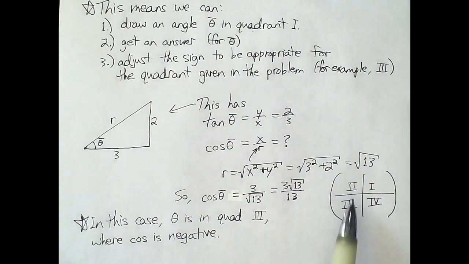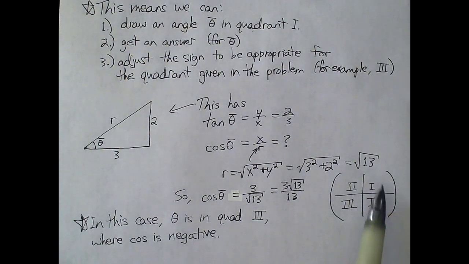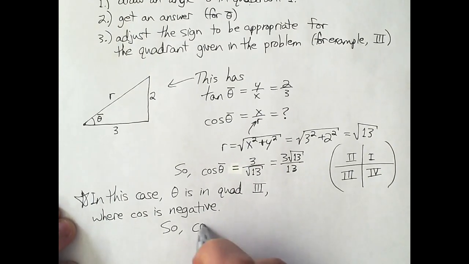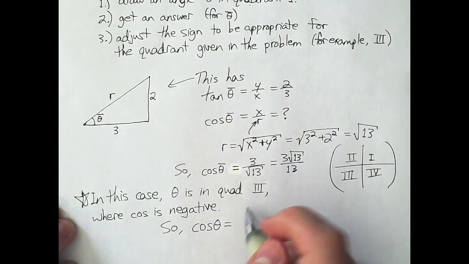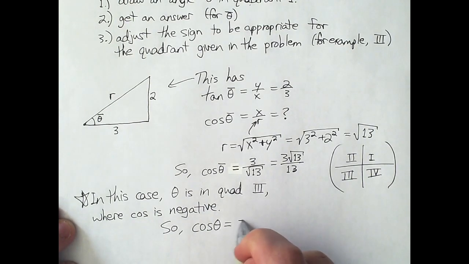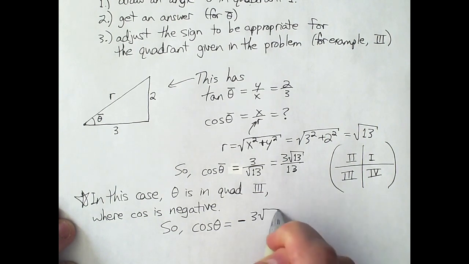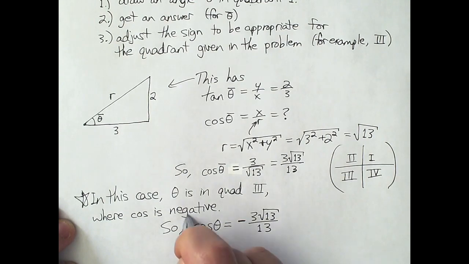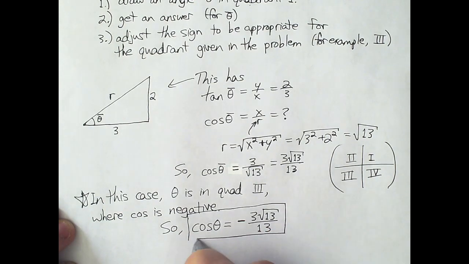Cosine is like x coordinates on the unit circle, which are negative when you're over here in quadrants 2 or 3, positive when you're in quadrants 1 and 4. So all the way over here, cosine is negative. So the answer for cosine theta is the answer we found for the reference angle, except with a minus sign in front. And that's the correct answer.